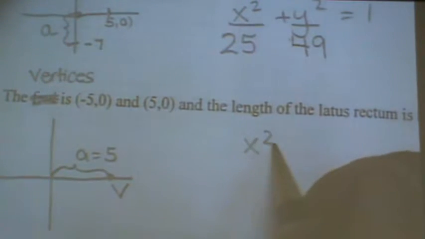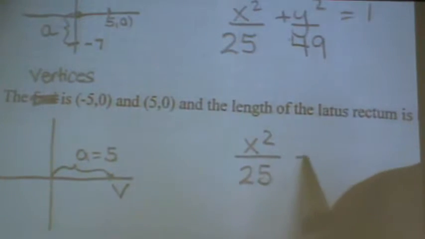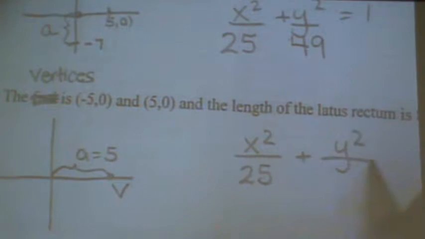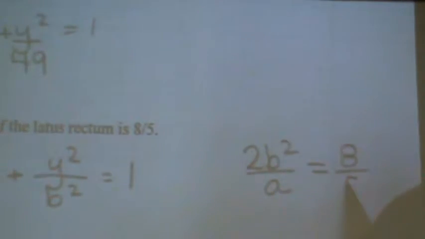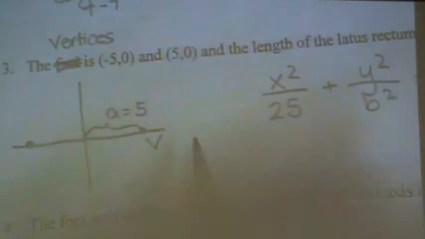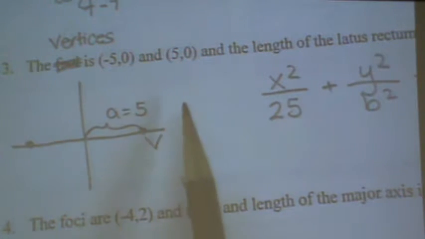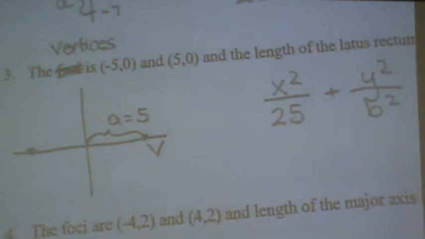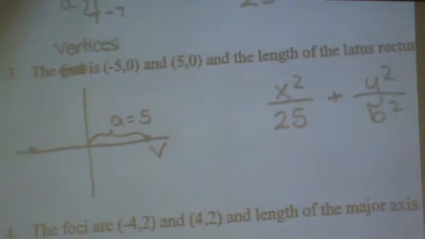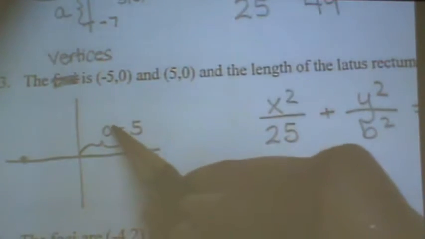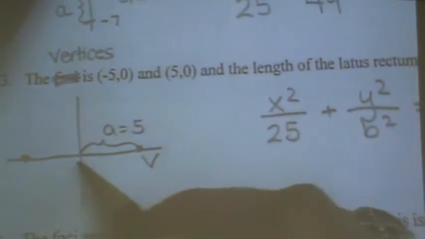So this is going to be x squared over 25, y squared over, we don't know what the B value is, but we know that 2b squared over A, that's the length of your latus rectum, is 8/5. What is the latus rectum? It's a chord that goes through your focus, the length of it is 2b squared over a. And it's going to be perpendicular to your major axis.